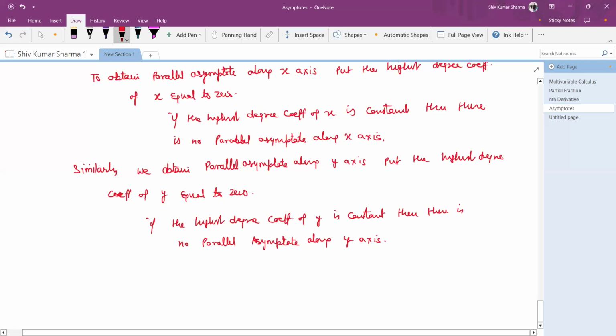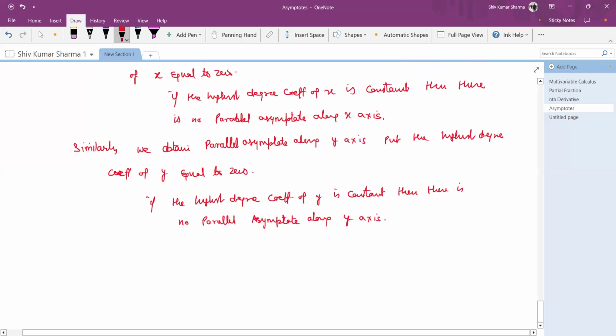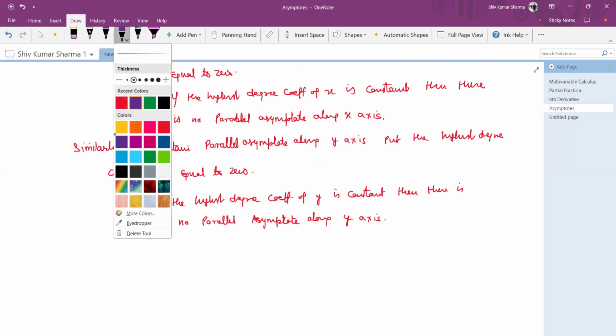Okay, so you remember this thing. When we are going to obtain the parallel asymptote along the axis, we take one example to understand the concept.